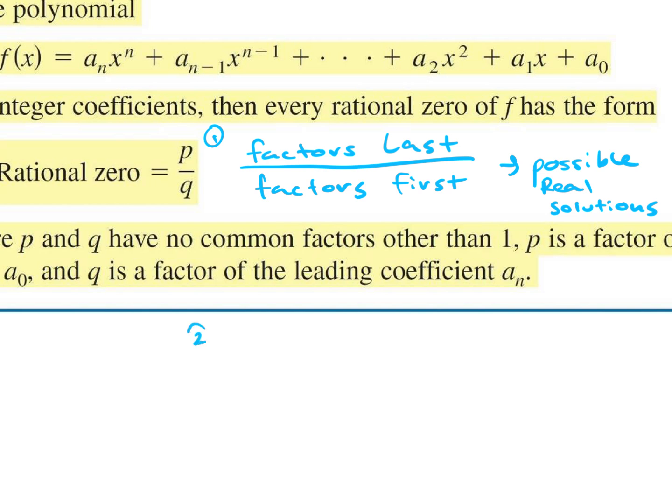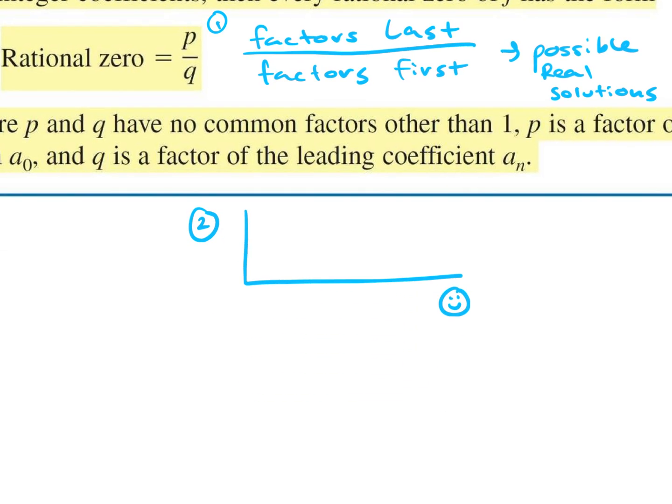To determine if they are actual factors or not, the second thing we have to do is synthetic division. So we do synthetic division, and we need the remainder to be 0.